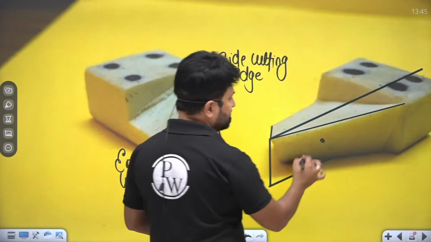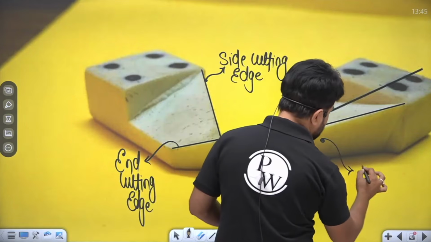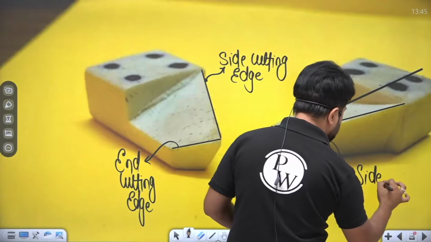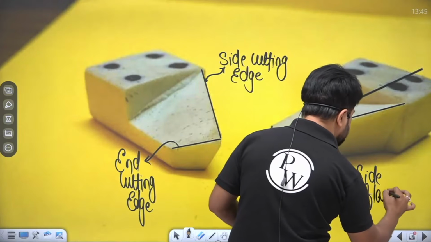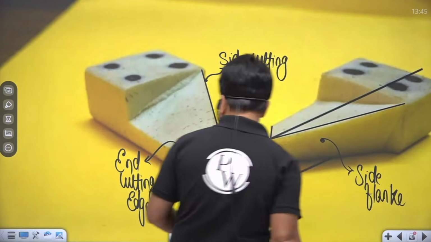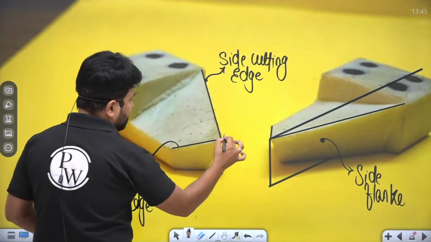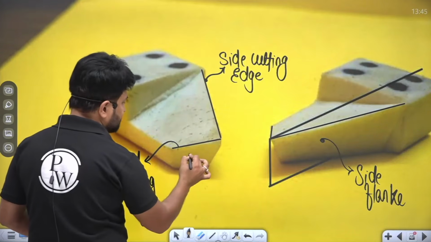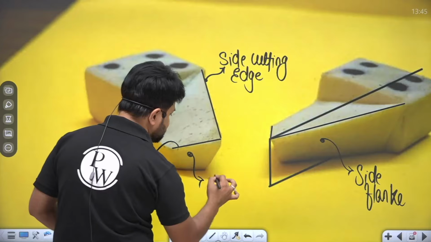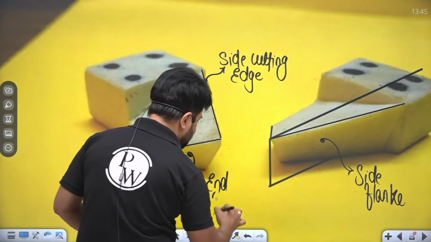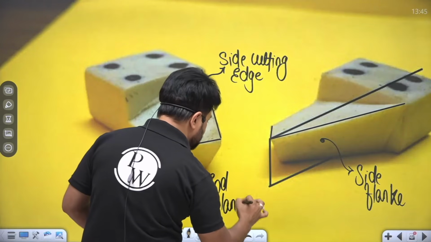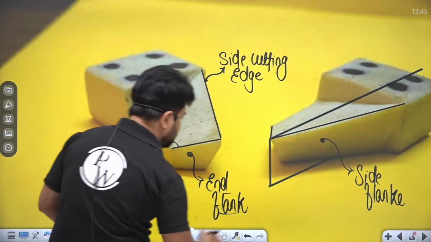As you can see, this surface is known as the side flank, right? Below the end cutting edge, the surface is known as the end flank, right?